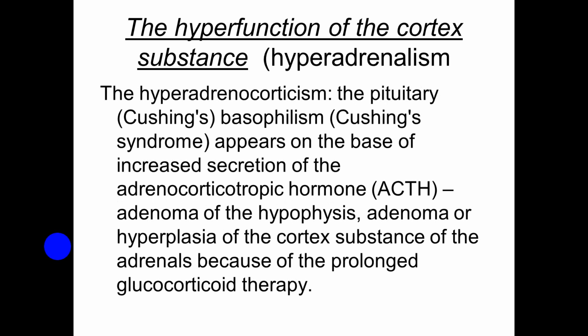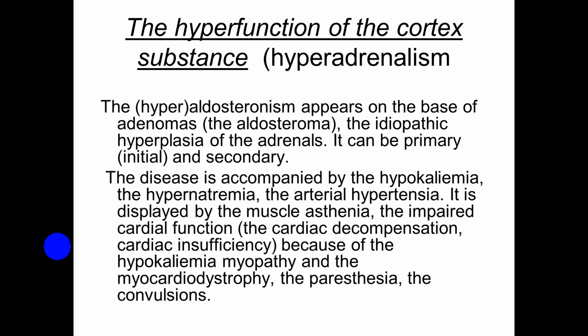Cushing syndrome appears on the base of increased secretion of adrenocorticotropic hormone, adenoma of the hypophysis, adenoma or hyperplasia of the cortex substance of the adrenal, or because of prolonged glucocorticoid therapy.